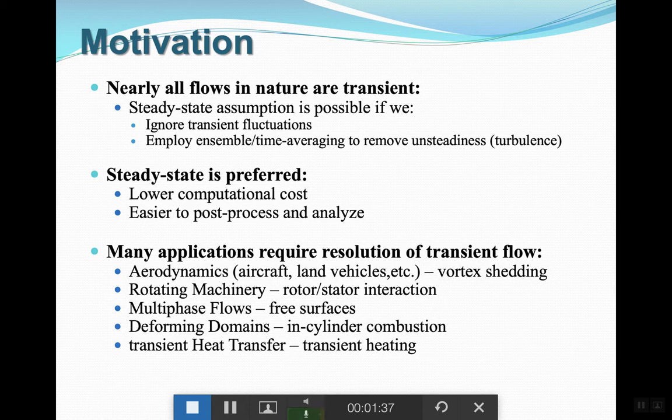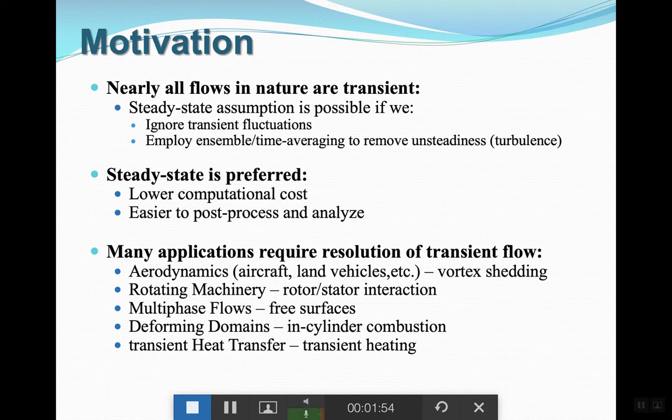But today we're gonna deep dive into the subject that, okay, if we want to consider something as a transient flow, what would be the characteristics, how should we approach that, and how the simulation would look like.